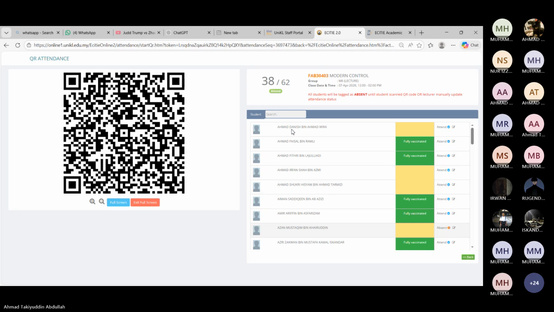Sir, I cannot scan, sir. Your name, please. Nurul Darwisha. Just wait for a while, Nurul Darwisha, because I'm just going to let the others scan the QR attendance first.